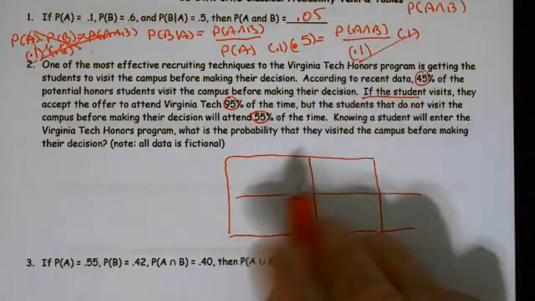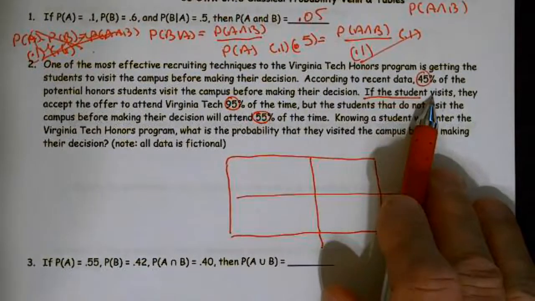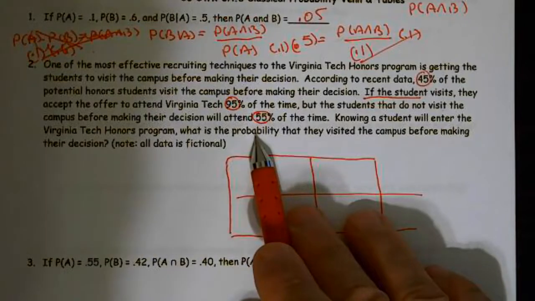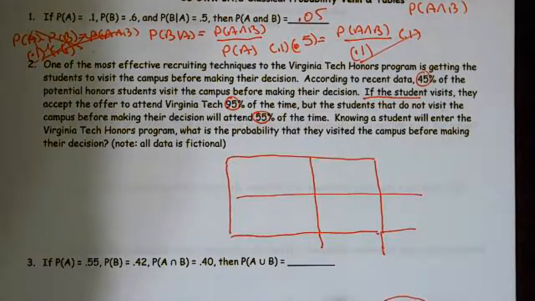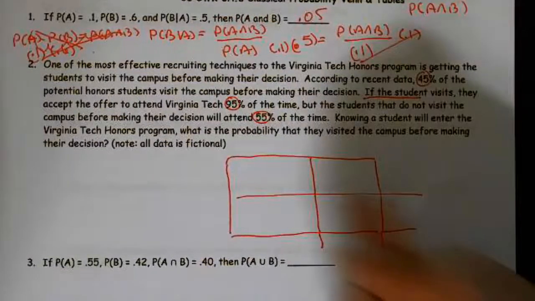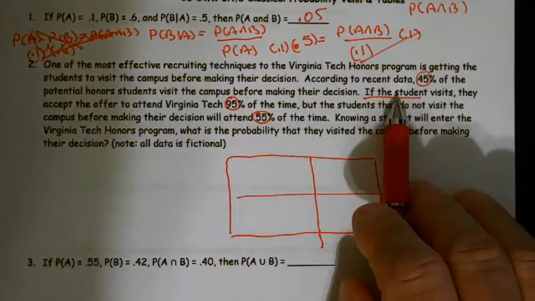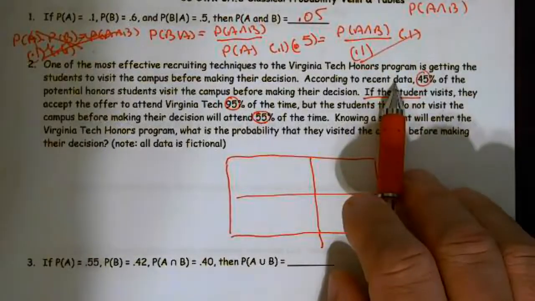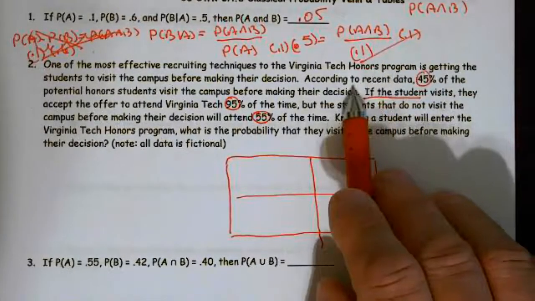So first off, I read this and I go, hey, I have three numbers and I have two variables. And because I have three numbers and two variables, this is likely to be a table. So let's start organizing it, because even if you're wrong, the table is still a great way to start organizing data, and organizing it makes a big difference.